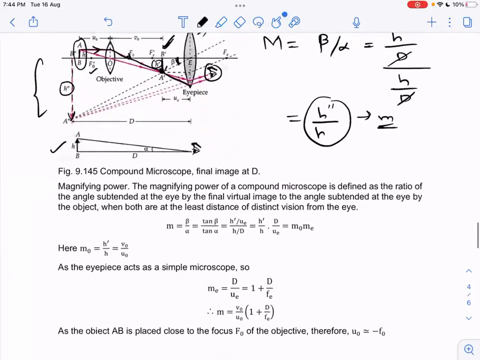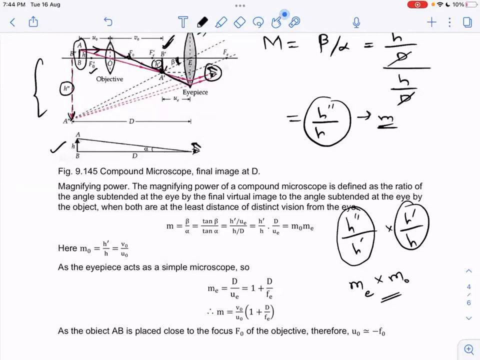Right? So this h double dash by h can also be written as h double dash divided by h dash into h dash divided by h. h double dash divided by h dash is the magnification produced due to the eyepiece, and h dash divided by h is the magnification produced due to the objective.